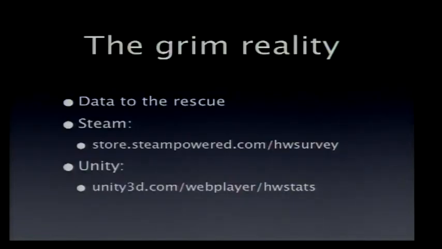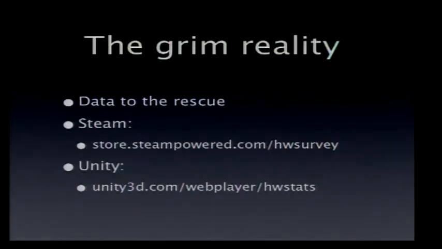Like, for example, 2 I know is Steam hardware statistics and Unity hardware statistics. Steam is more sort of big, more hardcore-oriented, I would say, because especially casual gamers don't even know that Steam exists. And Unity is probably more small and casual-oriented.